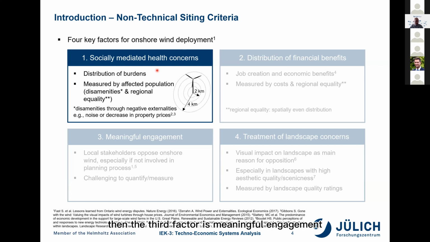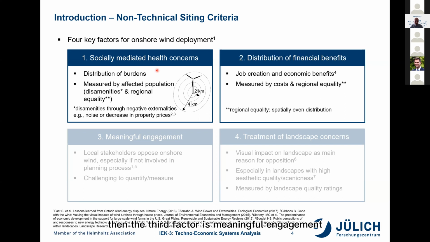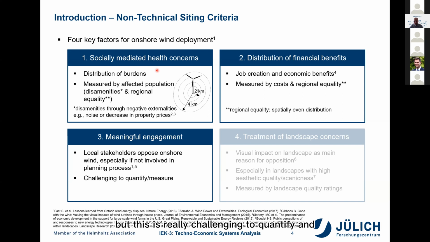Then the third factor is meaningful engagement, because past planning has shown that projects are increasingly opposed if the local stakeholders are not involved in the planning process. But this is really challenging to quantify, and for us it wasn't possible to incorporate this, but maybe future research will find a way to do that.